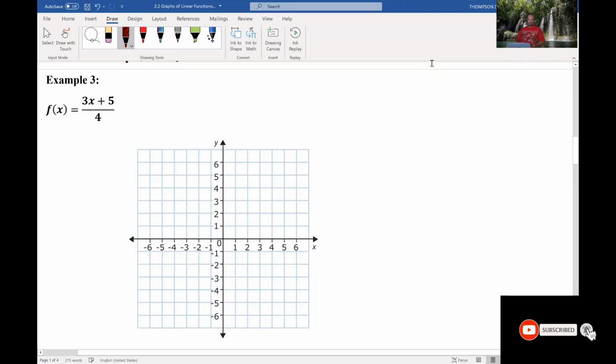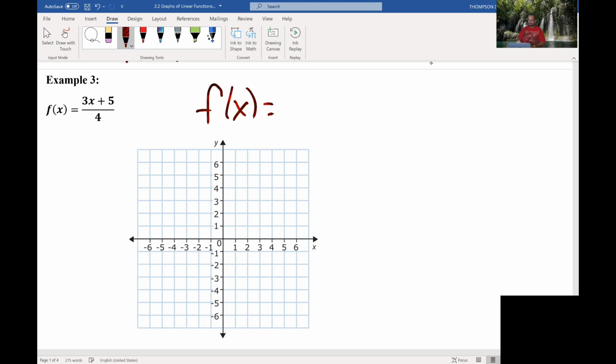Example 3. We're going to graph the function 3x plus 5 all over 4. So first, let's put it in slope-intercept form. So we can rewrite it as 3 over 4 x plus 5 fourths. So 5 fourths is roughly here.